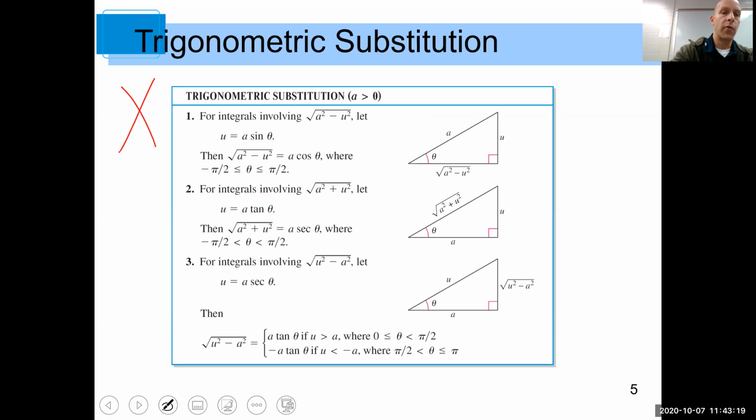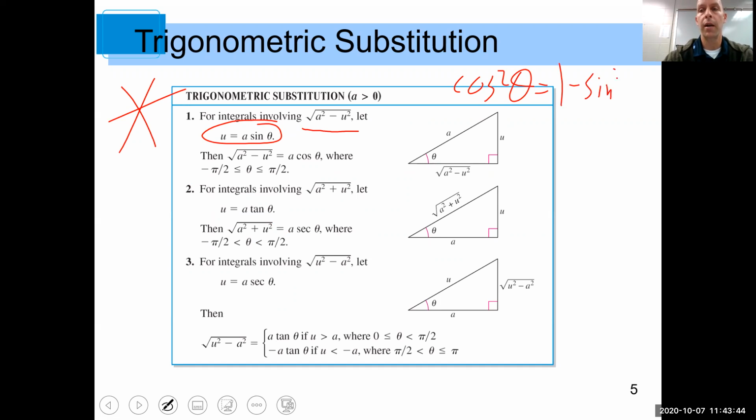This is the most important slide. This has all of the reference information that you need. If you have something of this form right here, you want to use sine. And again, that goes back to the fact that cosine squared theta is equal to 1 minus sine squared theta.